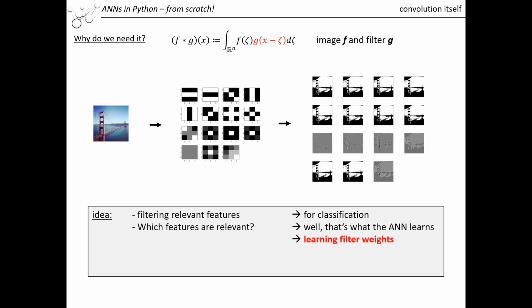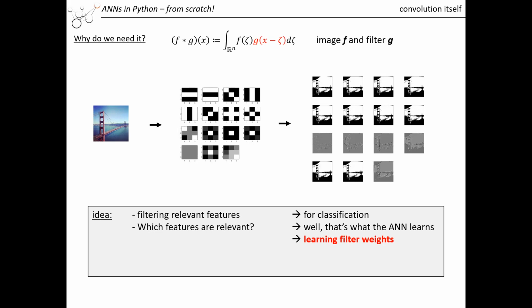But the problem is, how do I know which features are relevant? And that's the overall idea of using a convolutional neural network, because those filter values that we see here are learnable. Like the weights in the neurons in the dense layer, those convolution filters work as an actual neuron. And those filter values are equivalent to the weights.